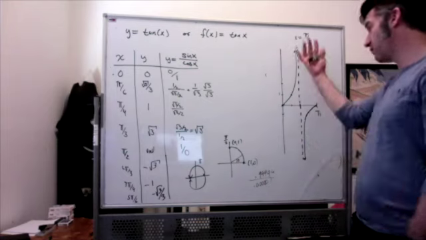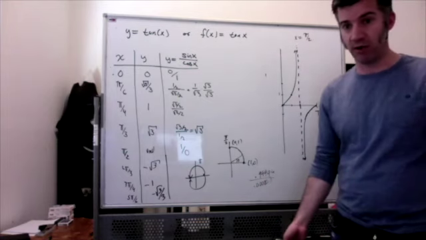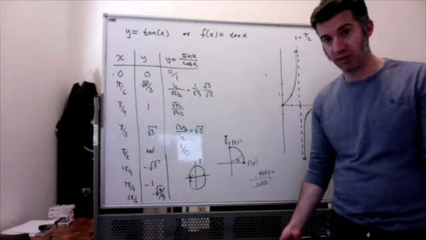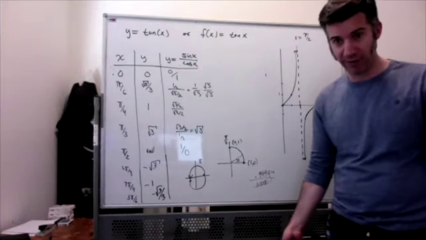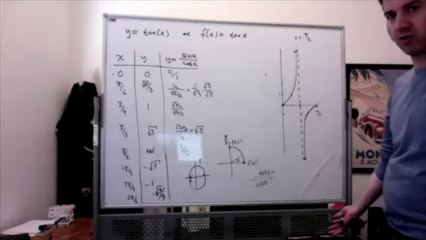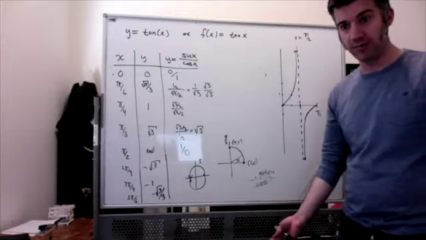So yes, if you graph this and someone asks you to graph one period of tangent, technically you would be correct. Do you know what I mean, right? This is not the right choice to make if you're asked to graph one period of tangent.